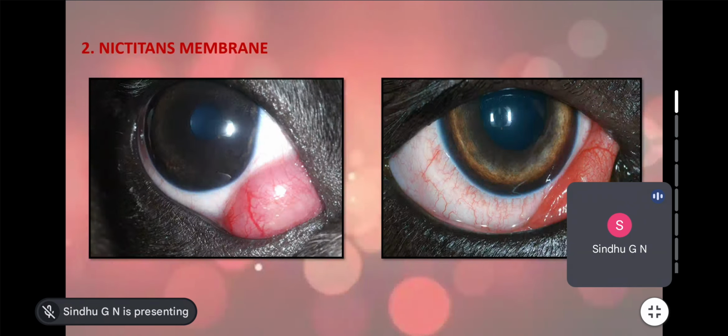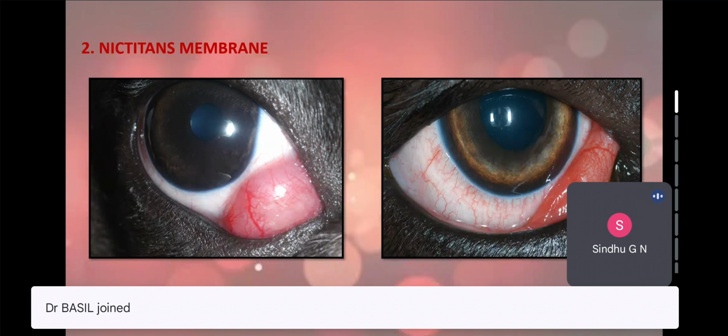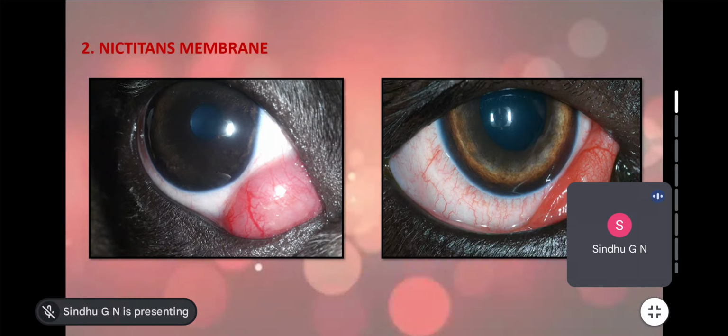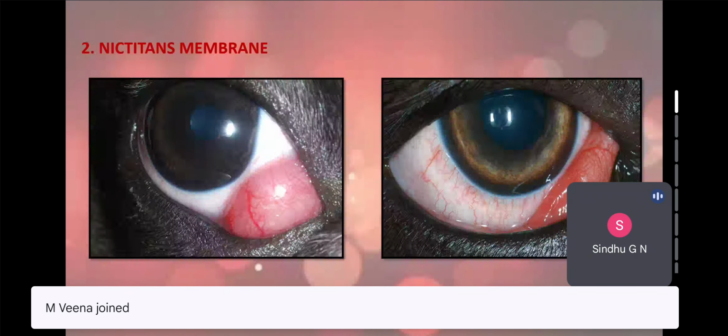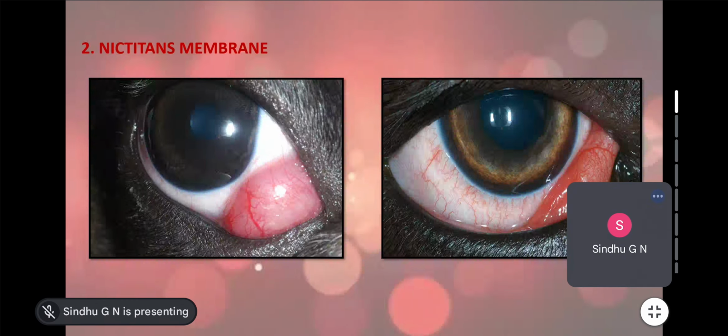Then coming to the nictitans membrane, evident redness of the nictitans membrane can be because of a prolapsed nictitans membrane, which is usually seen in case of exophthalmos or anophthalmos, and cherry eye or nictitans membrane gland prolapse, and scrolled T cartilage. Both of them look somewhat similar.